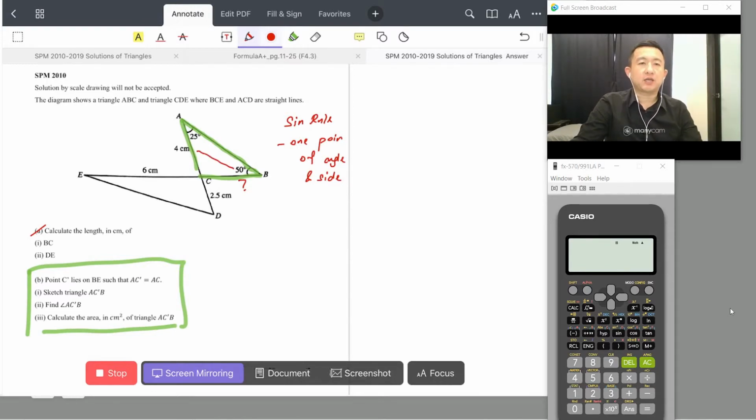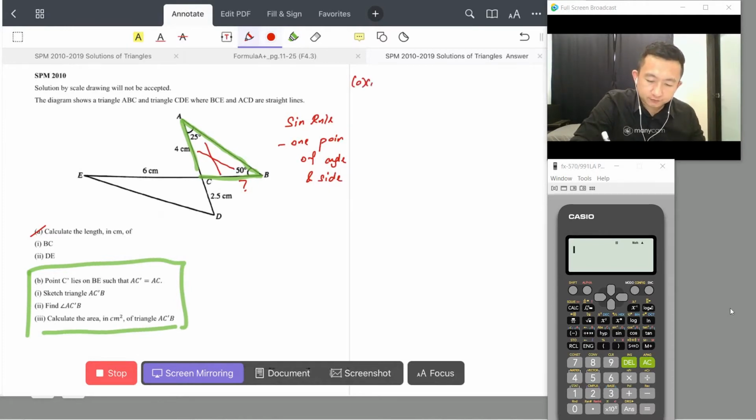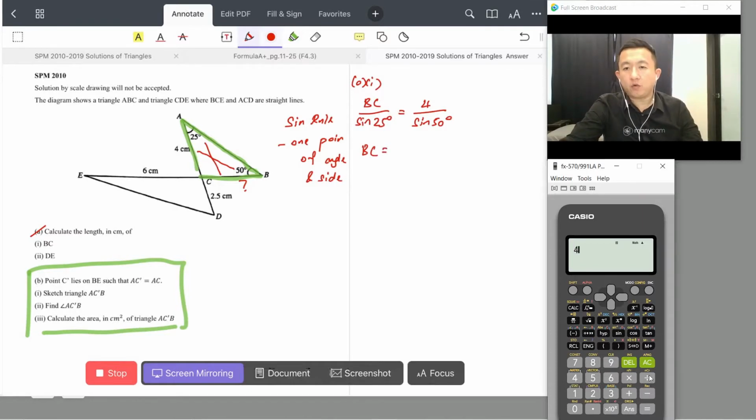So yes, we can apply the sine rule, with BC and 25 degrees. So you can have 4 divided by sine 50, multiply, okay, you know this is multiply, right?